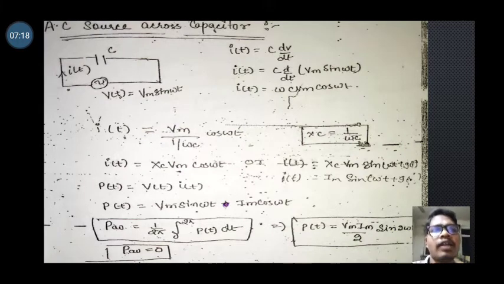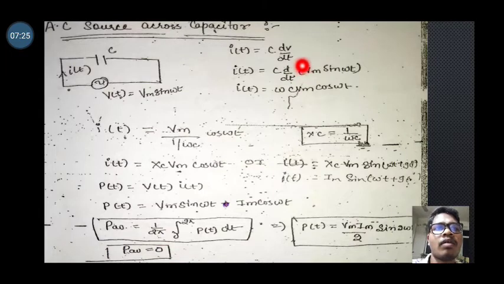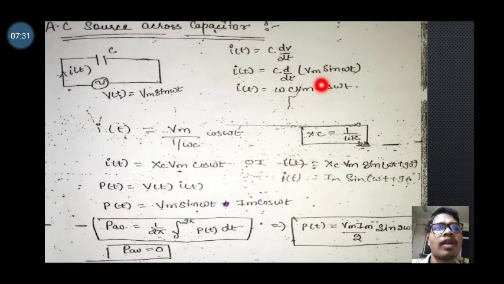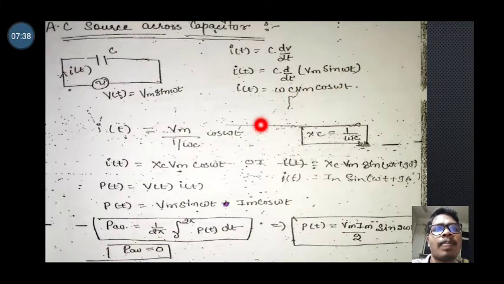The current through a capacitor is i(t) equal to C dV by dt. Putting v(t) equal to Vm sin omega t, i(t) is equal to C d by dt of Vm sin omega t. After the derivative, you get omega C Vm cos omega t.